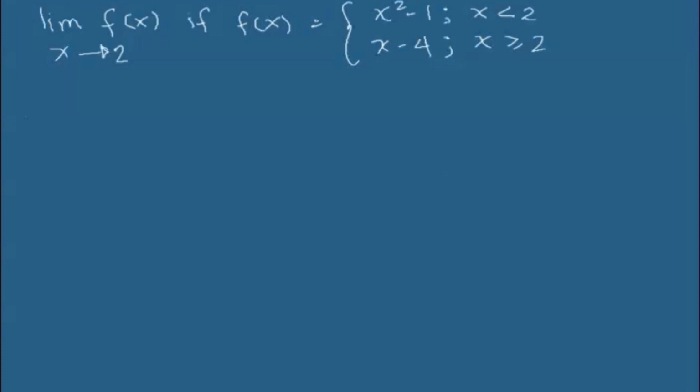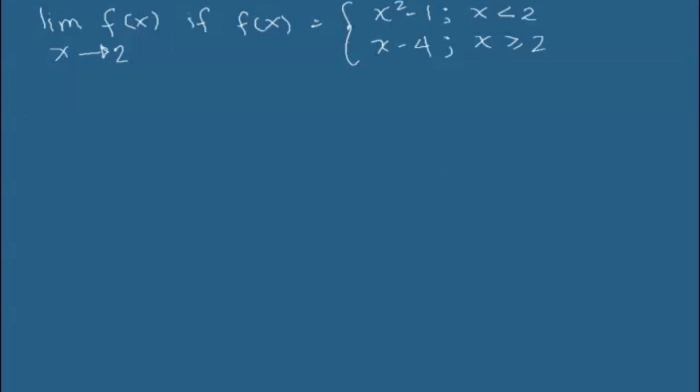Our next example is the limit of f of x as x approaches 2, if f of x is x squared minus 1 when x is less than 2, and x minus 4 when x is greater than or equal to 2. So we have two subfunctions, or in other words, we have a piecewise function.